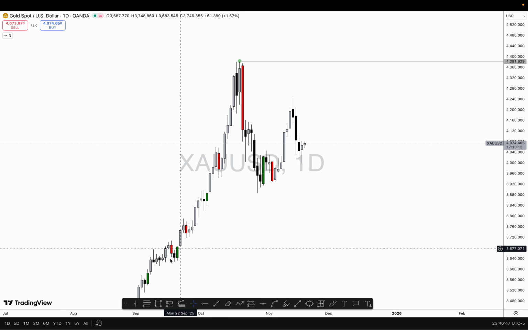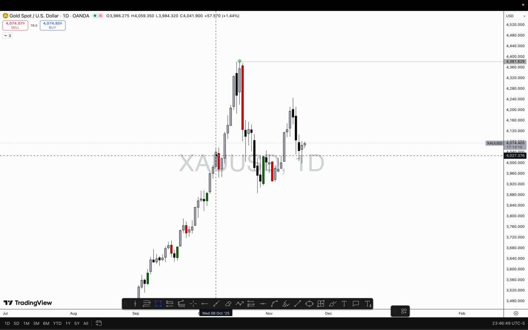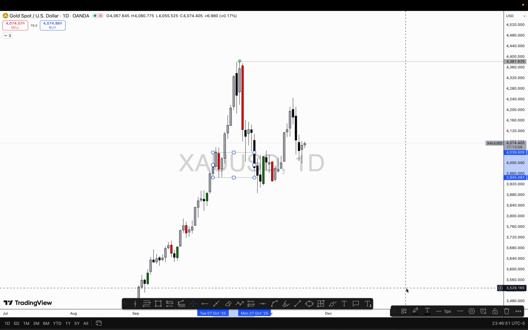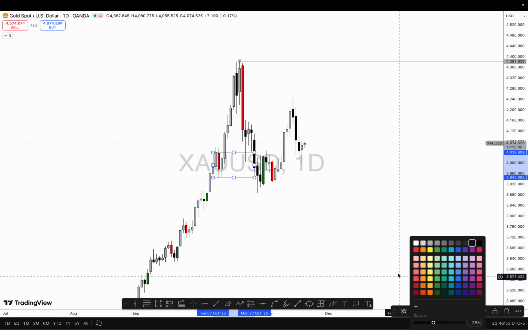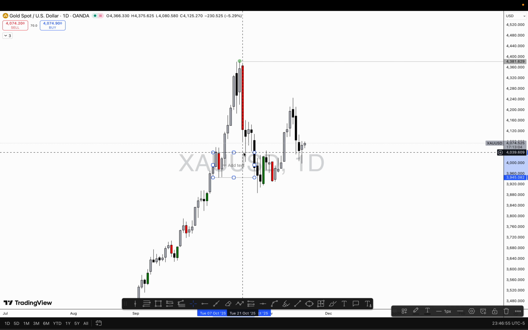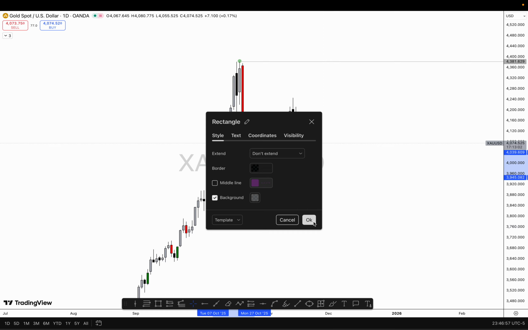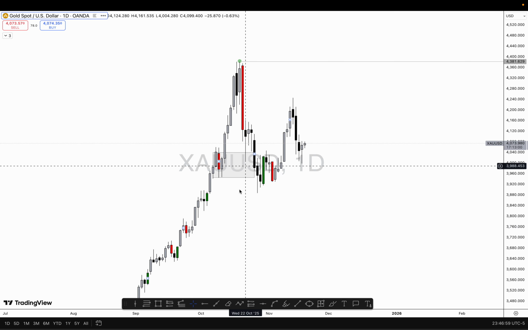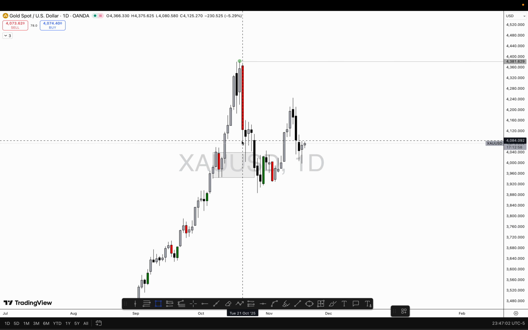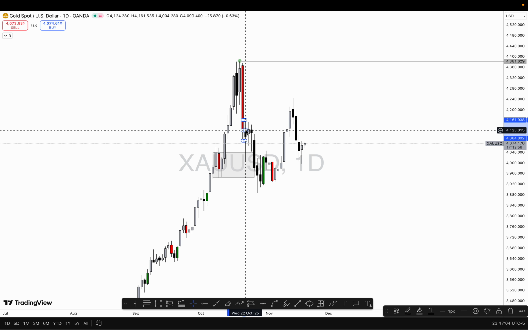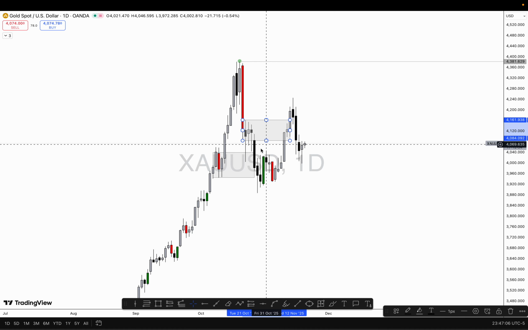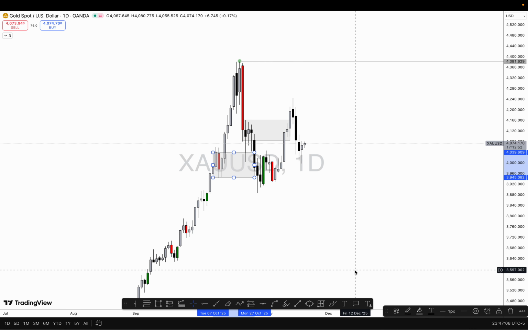Now, since we had this high, the market came down, reacted to this demand, then created a supply zone that removed this demand.